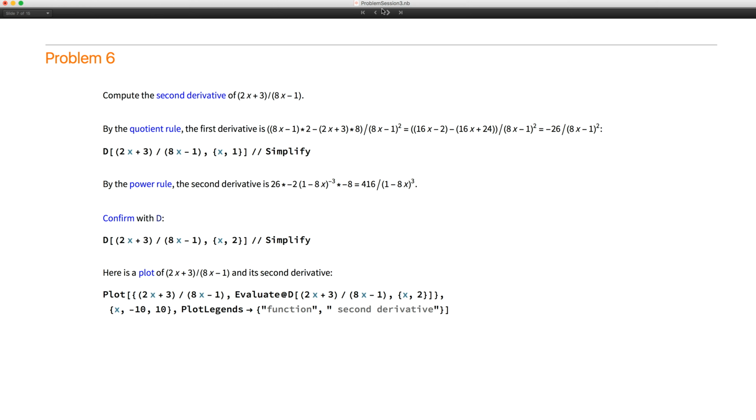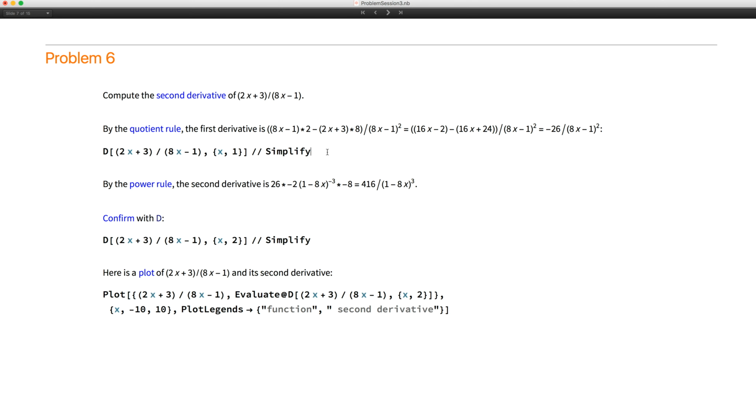Okay, on to number 6, which says find the second derivative. This time it's the second derivative of this quotient, 2x plus 3 over 8x minus 1. So you apply the quotient rule. It's again denominator times derivative of numerator minus numerator times derivative of denominator, and you get back a result.